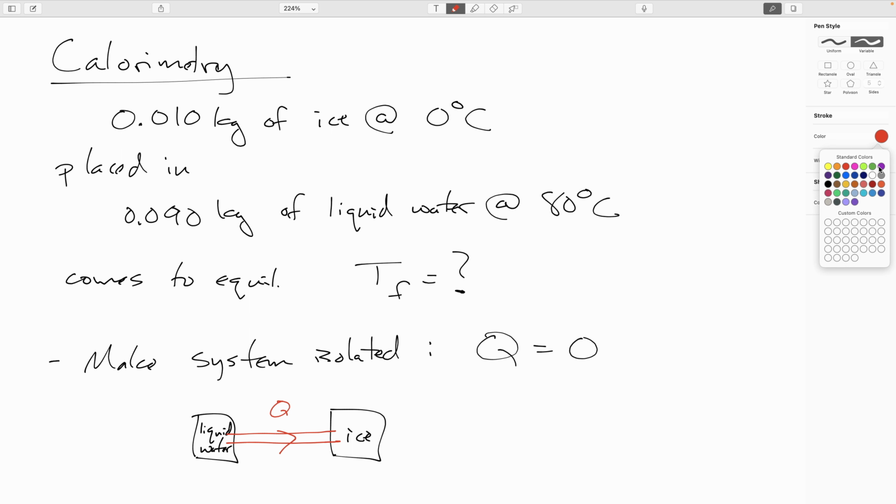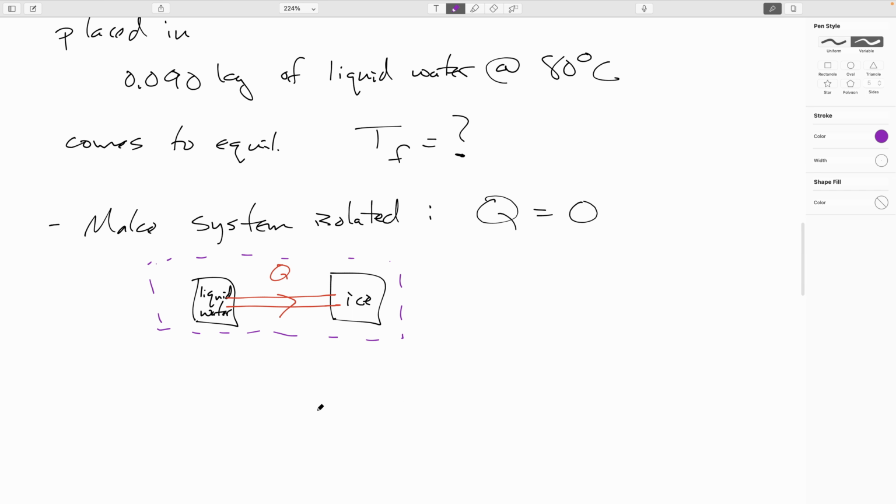So we'll say that our isolated system is this. Then I can write that Q equals 0, but I can write it as the heat transferred into the liquid water plus the heat transferred into the ice equals 0. So this I is for ice, not for initial.